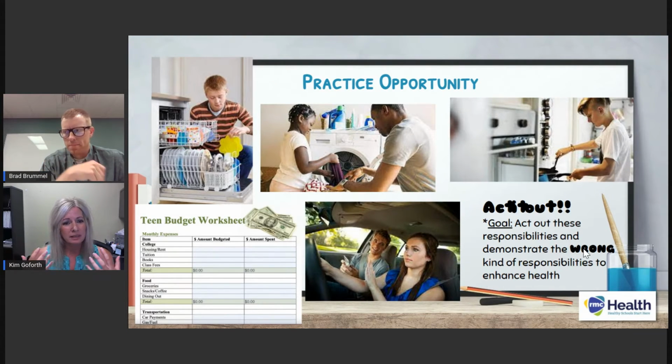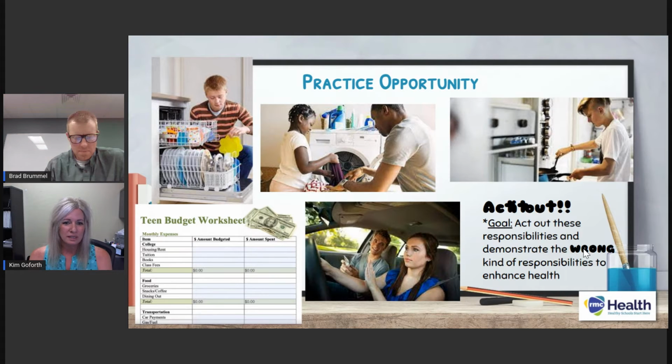But in the skit that you are writing for them, you give them the wrong kind of responsibility. The script would say something like, your job is to load the dishwasher. And you can give them the wrong script: you should put all the plates on the top and just lay them flat, and then you should put all the silverware in the top thing, and you shouldn't put soap in it because it might overflow, and you don't really need to lock it. You can give all of the wrong information.